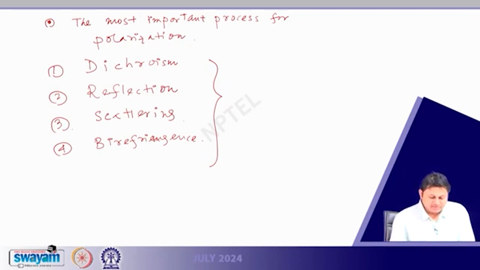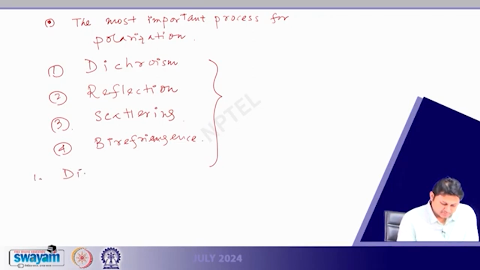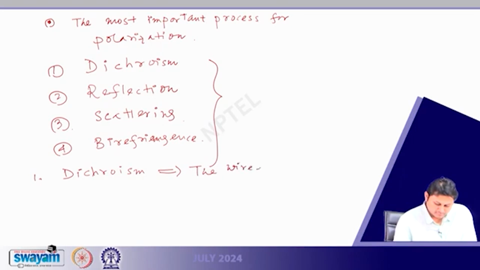So, let us start with the dichroism system. The most simple case I am going to discuss here, and the most useful example, is the wire grid polarizer.